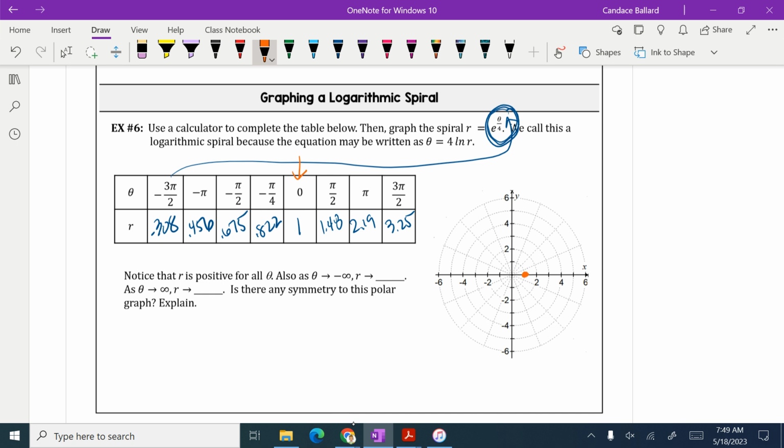Pi over 2, I know, is this vertical one here, and I'm supposed to be at 1.48, so about 1.5 rings. At pi, I'm at 2.19, so I'm out 2 and just a little bit more. And then at 3 pi over 2, I'm out just beyond 3 rings.